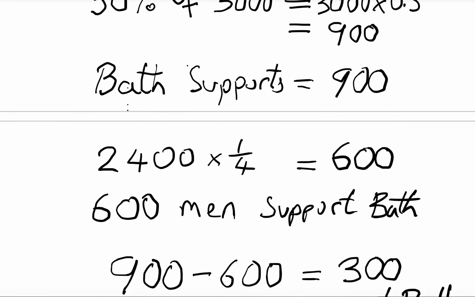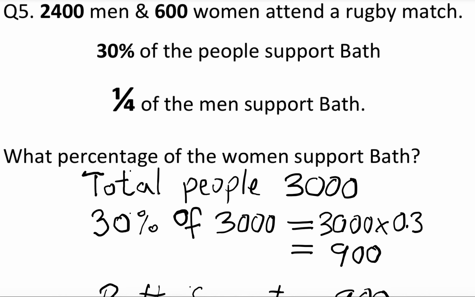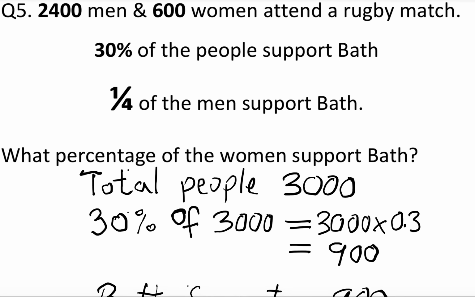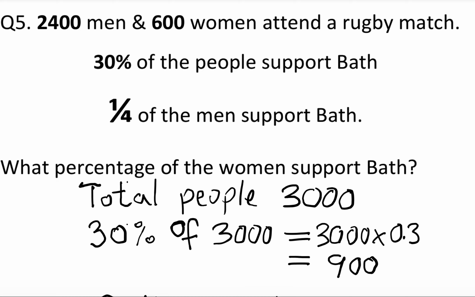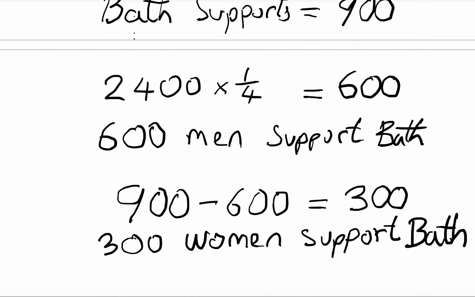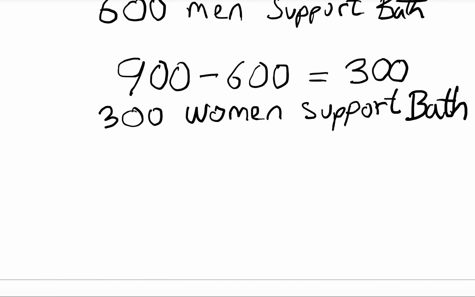So what was the final bit of the question? What percentage of women support Bath? So we've got 600 women who attend a rugby match, and 300 of them support Bath. So that will be 300 over 600. Let's write that down.